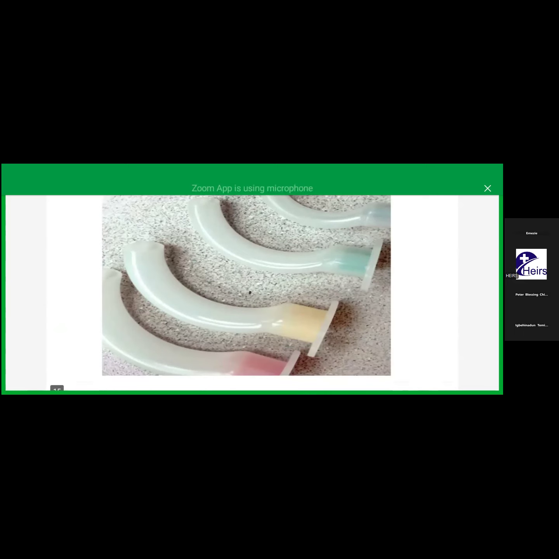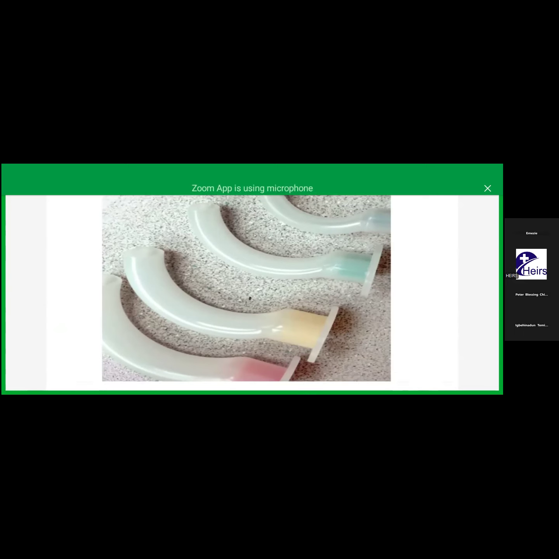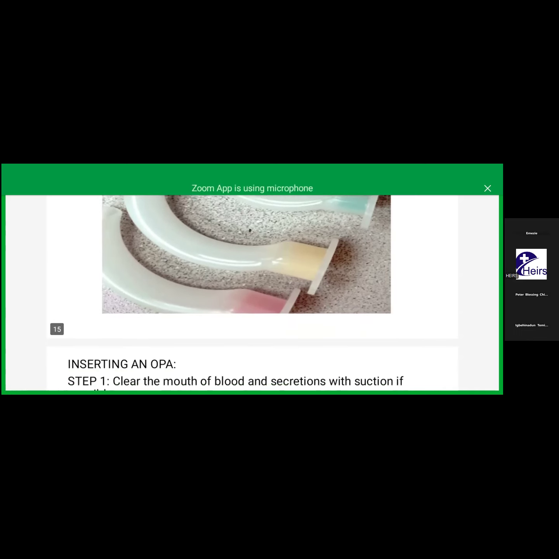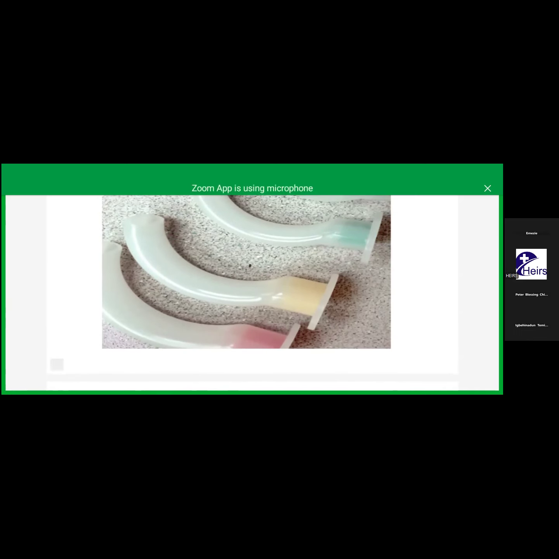So we're able to establish this picture of the oropharyngeal airway. We said it is curved, and it's not as round as the nasopharyngeal airway. The nasopharyngeal airway is round, just as the nose is round, and the oropharyngeal airway is not round.